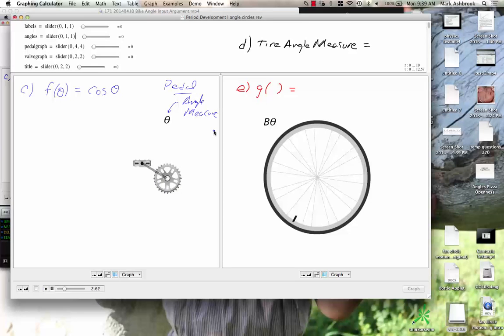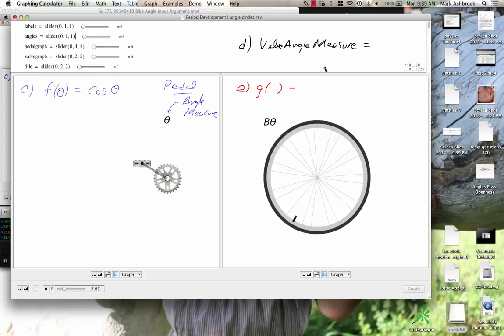So given any pedal angle measure, come back here. If I sweep the pedal, say this far, how would you calculate how far the valve here rotated, based on that angle theta?